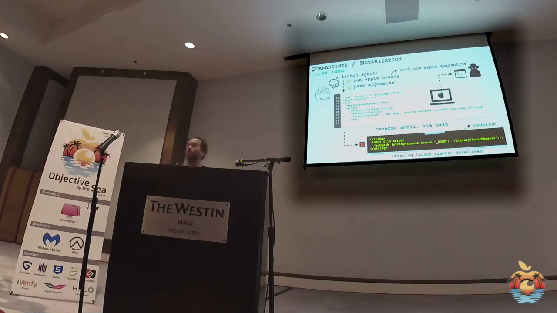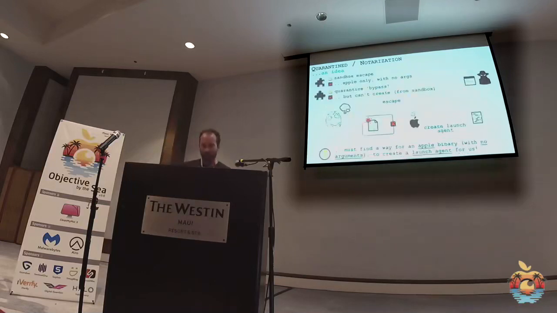So this would then allow Bash to connect out to our command and control server outside the context of the sandbox, which would allow us to download and execute files that would not be quarantined and thus not be validated for having been notarized. But recall, Microsoft's patch specifically prevents us from creating launch agents. So we have these two potential pieces, but we can't really put them together.